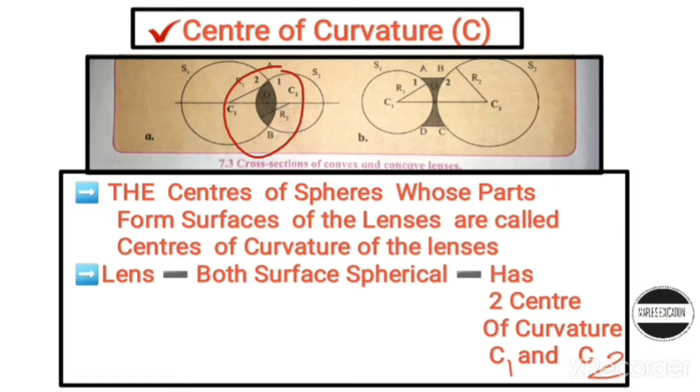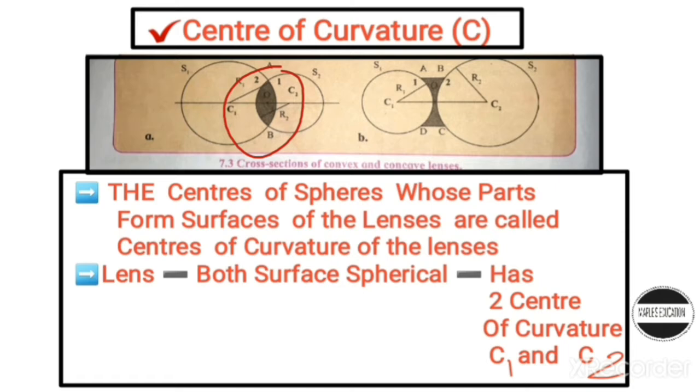So, both the spheres are sharing their part so that they can make a lens, right? So what does the center of curvature exactly mean? It says that the center of spheres whose part form surfaces of lenses.